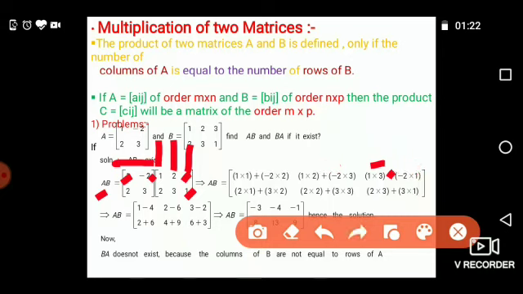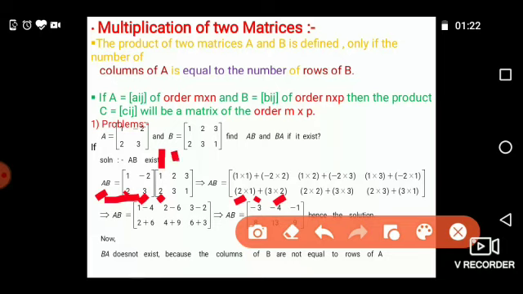Similarly, we can multiply the second row with each column. Second row, first column: corresponding elements of the row and column are multiplied and added. 2 into 1 is 2, plus 3 into 2.